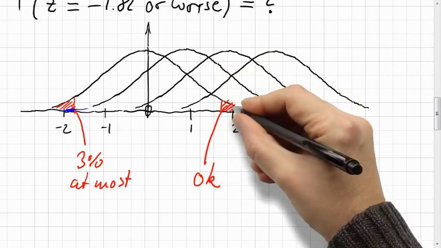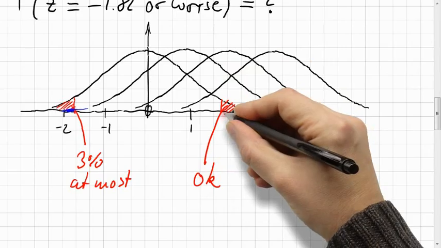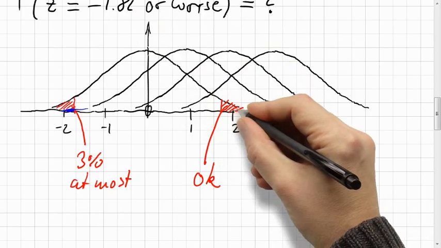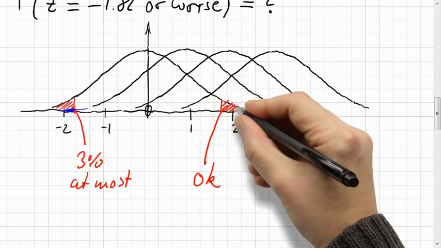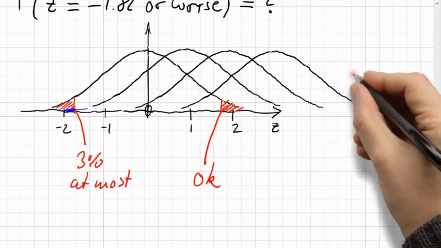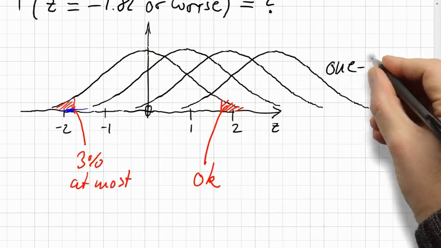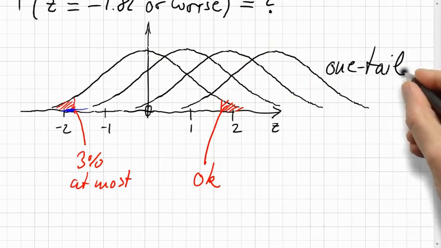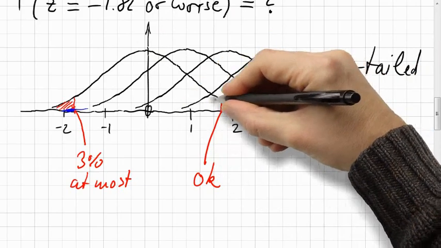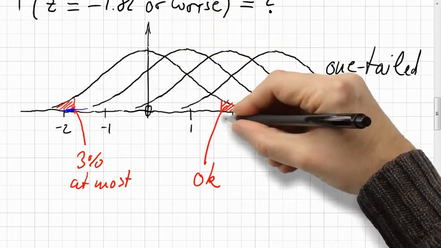We have to regard this as okay. If there are z-values above 0, then so be it. We can't do anything about them. This sort of test is called one-tailed, because we're just looking at one of these two tails of the bell-shaped curve.